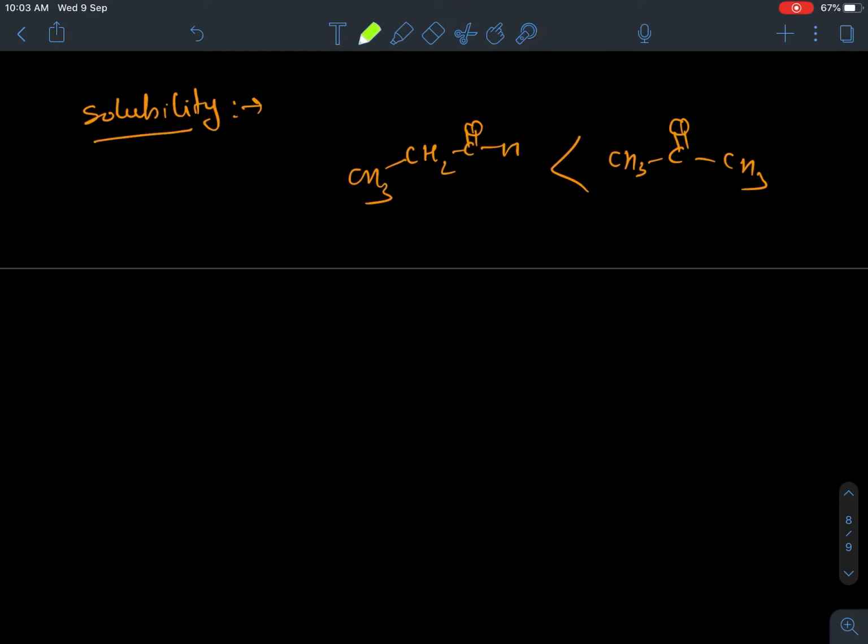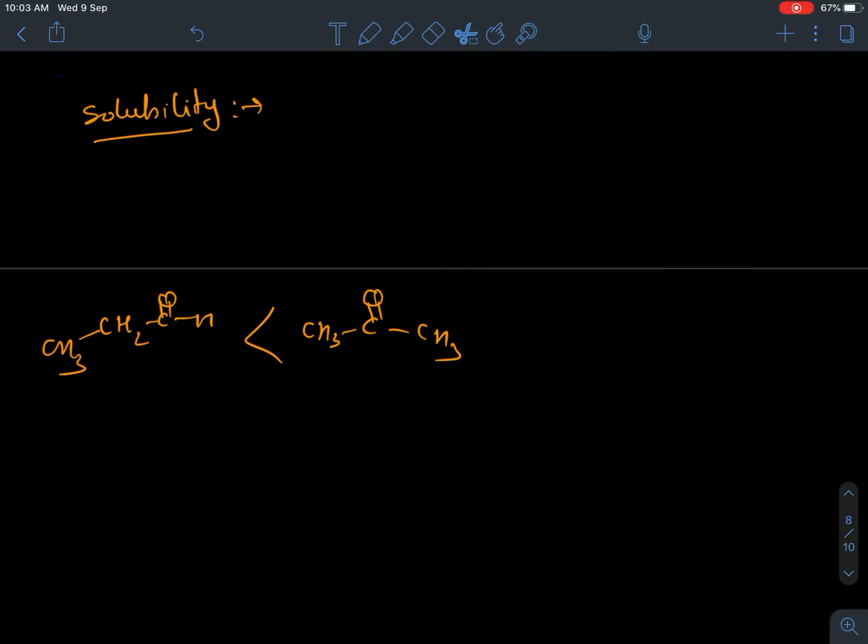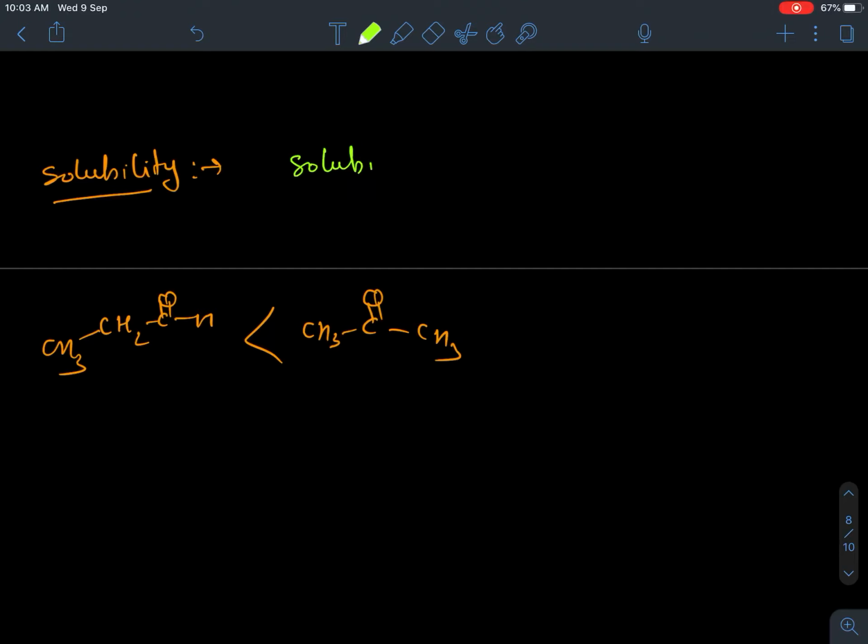Now if you compare with the other functional group, as I told you, ketone is more soluble in water than aldehyde.